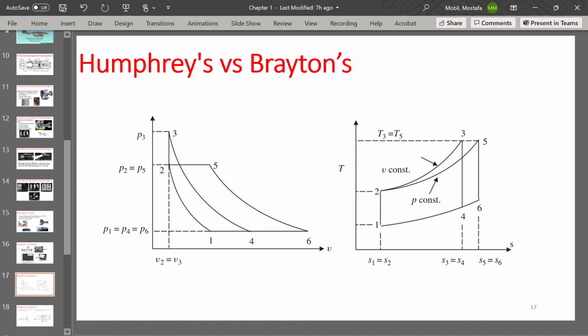We have one vote for 1, 2, 5, 6. That's correct. So this is the original Brayton cycle, which is usually used.